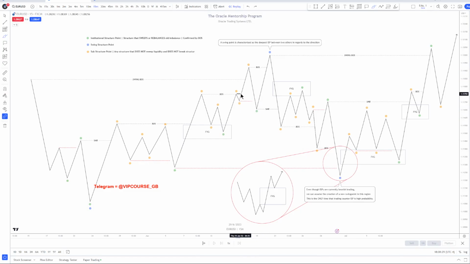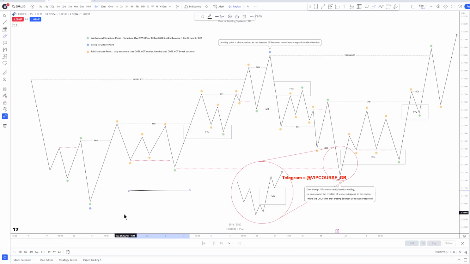Okay, so it is a break of structure up followed by a breakdown. This is a sweep. What is happening here is, because we've had the break, we confirm that liquidity or orders have been situated below the low, and then we can come and sweep it. That is the only form of liquidity.